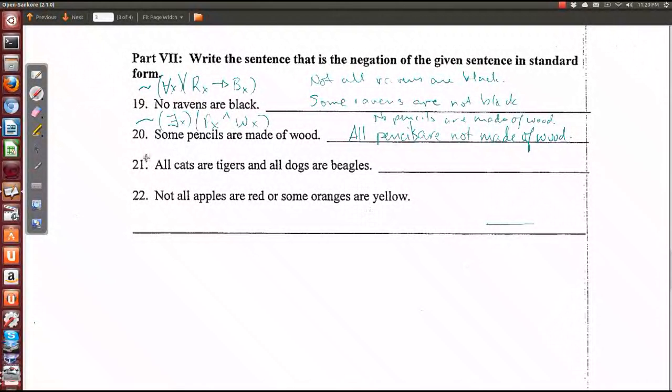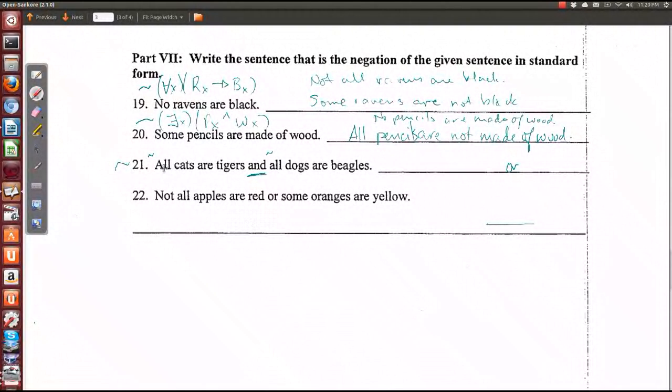For 21, if I want to take the negation of a conjunction, I actually end up with a disjunction. I actually end up with or. And what happens is De Morgan's law allows me to take the negation of a conjunction, and it negates both of these terms.